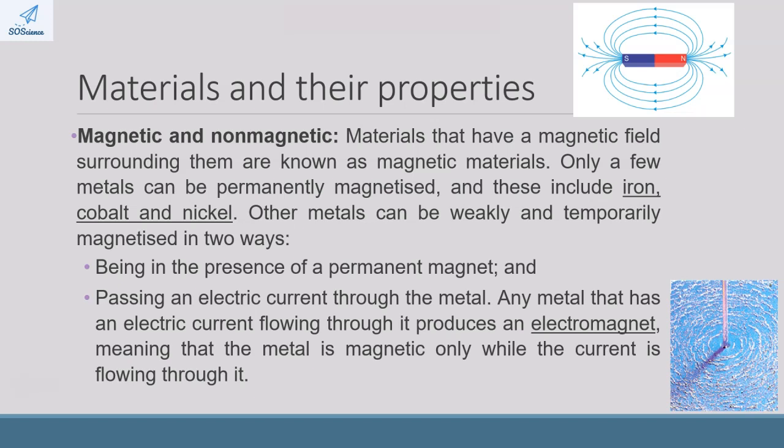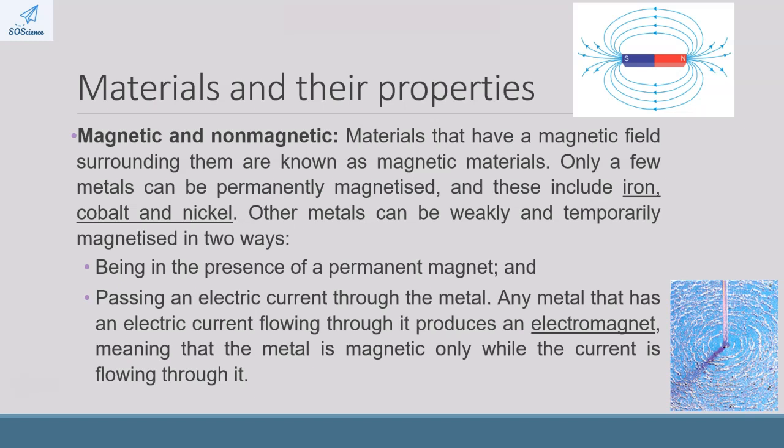But another very important way, and we need to be aware of this, especially when we get to the grade 11 syllabus, is that when we pass an electric current through a metal, so here we've got a piece of metal with an electric current flowing through it, and what we can see is that a magnetic field gets created. Now, the moment that that current stops flowing through this wire, the magnetic field will disappear.